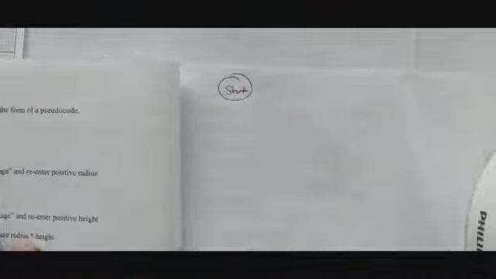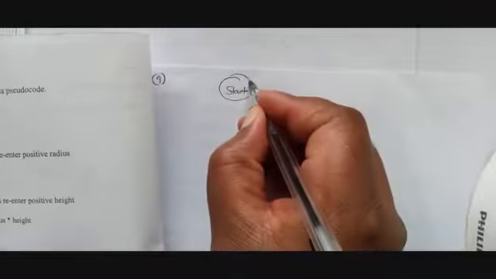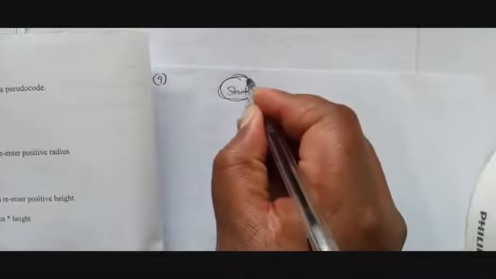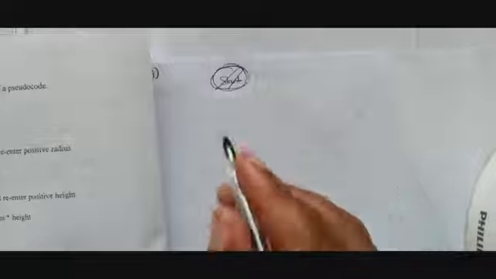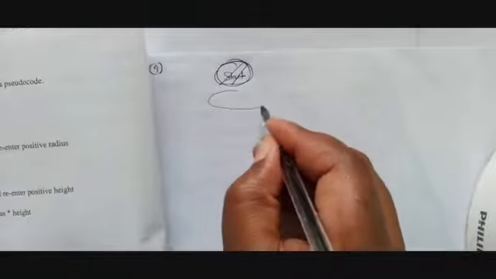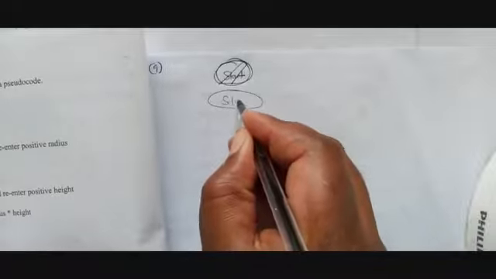Drawing a flowchart is a very simple task. The first thing we'll do is to write this word start in. Please take note, this should be an oval. Say start.